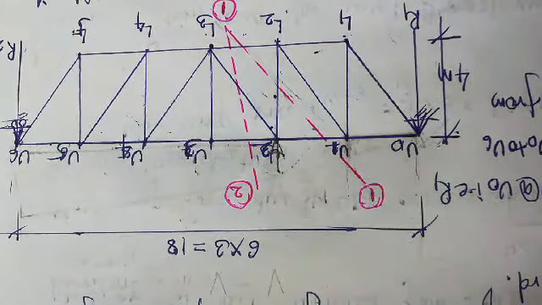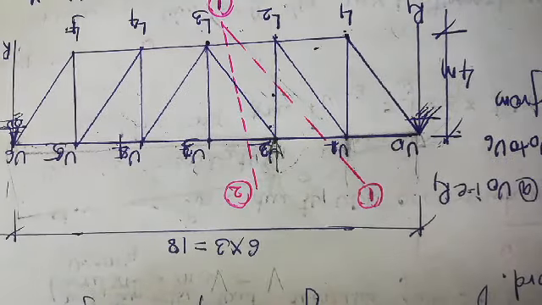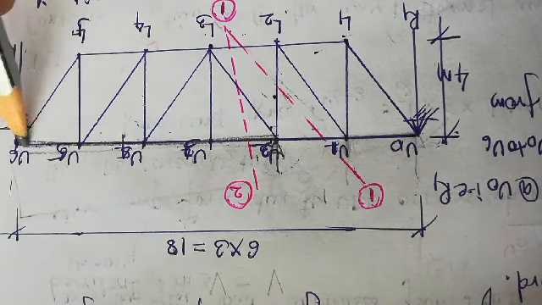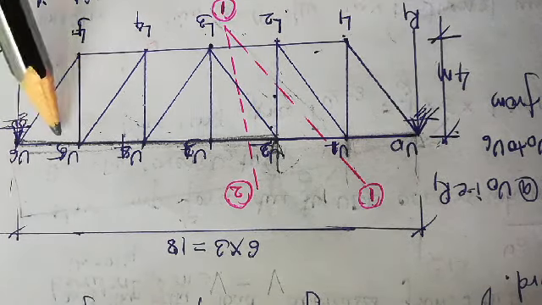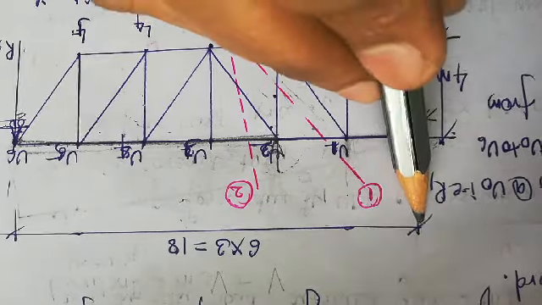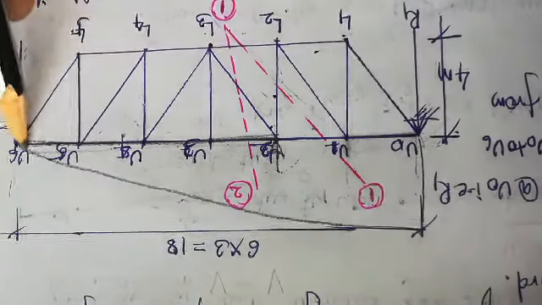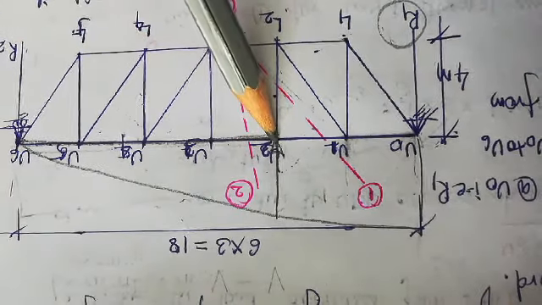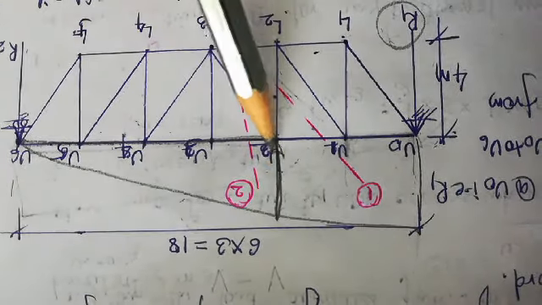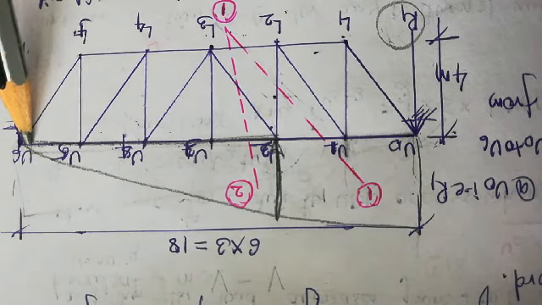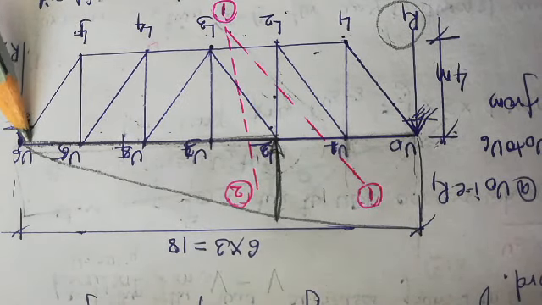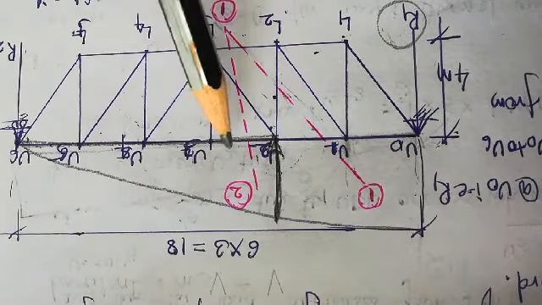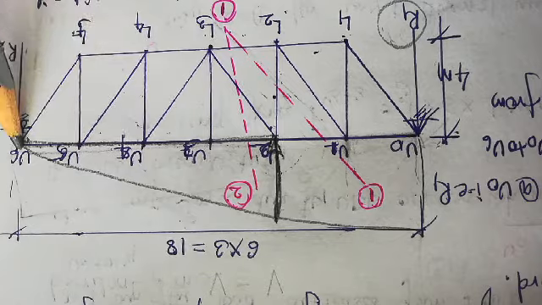Once I get that it is compressive in nature, now I have to calculate this ordinate, because now the load is varying from here to here. For that, when I am taking the left hand equilibrium, I have to draw the influence line diagram for R1. The maximum ordinate will be at U2 and the minimum ordinate will be at U6, because the load goes from U2 to U3, U4, U5 and U6.